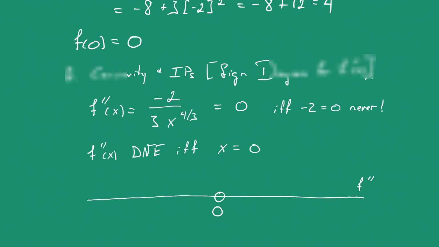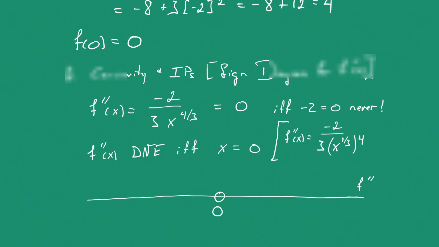And, well, in this case, actually, it's quite easy to see that f prime prime is always going to be negative. Maybe I'll just notice that f prime prime of x can be written as minus 2 over 3, and that x to the 4/3 could be written as x to the 1/3 all to the 4th.